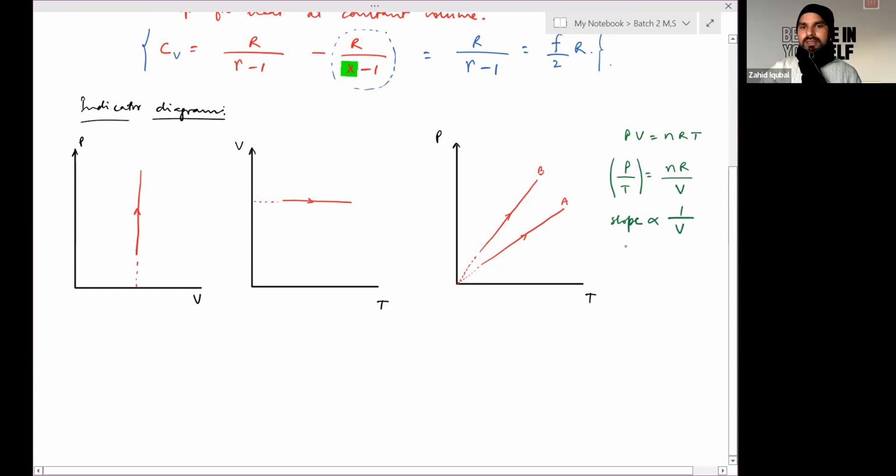It means greater the slope of pressure versus temperature, it will have smaller volume. So related to this graph, you can say B having higher inclination, so it will have more slope as compared to A. So volume of A will be greater as compared to volume of B. Asma, any doubt?